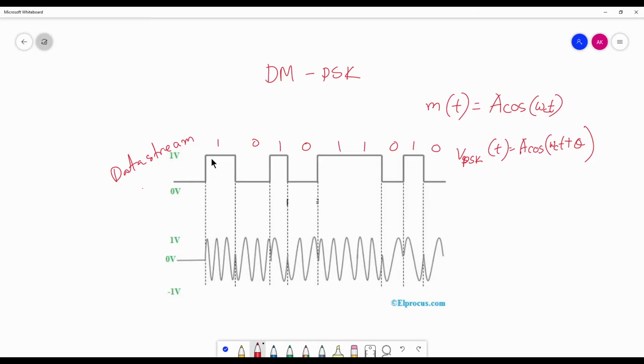Whenever we are getting 1, there will not be any phase shift, so we get a cos ωct plus 0. This is for input 1.